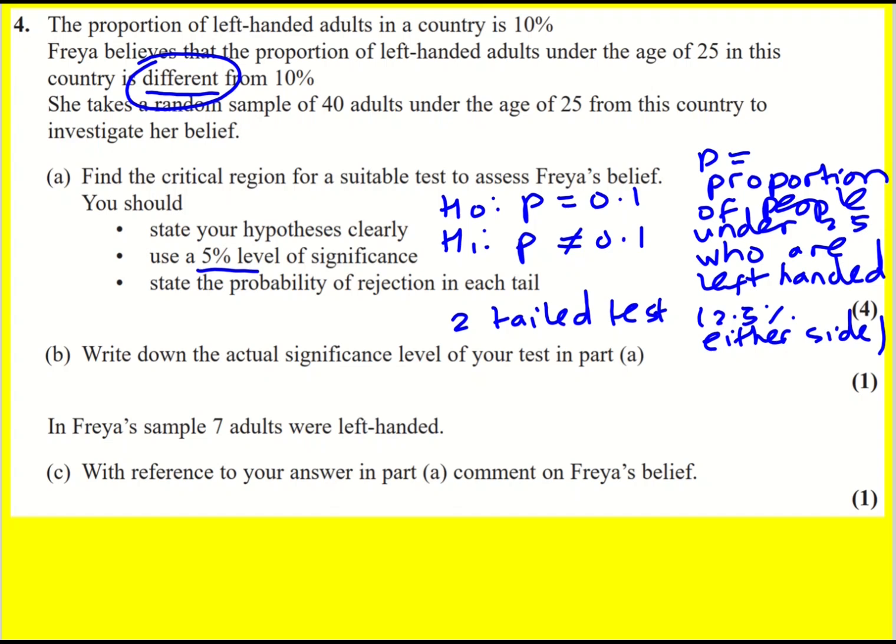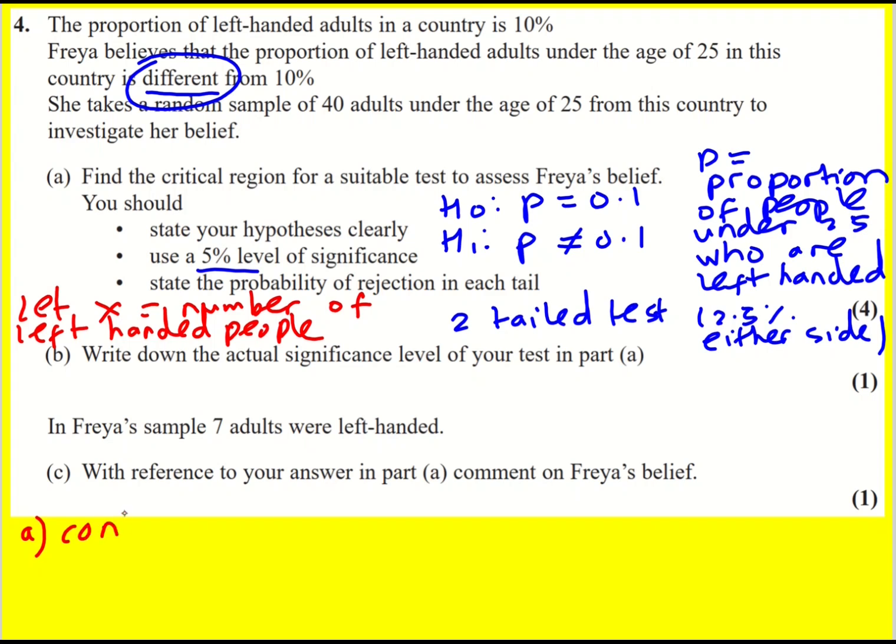Okay, so I'm going to let X equal the number of left-handed people under 25. I'm just going to leave it like that. Should really define what it is, but now I can, let me just come down here, A continued. So I'm going to assume H0 is true.